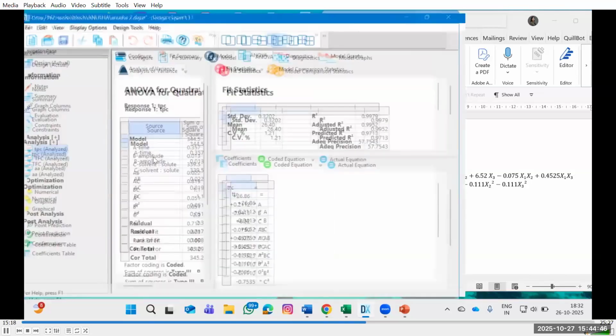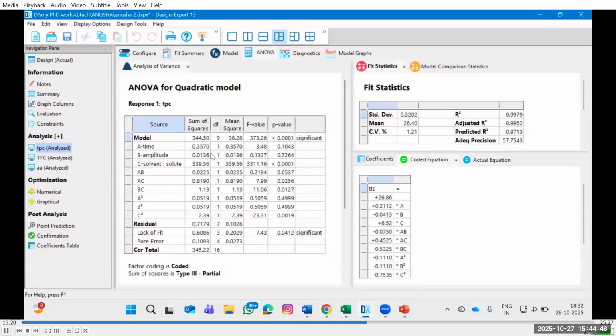Here you can see that A has significantly affected the phenolic compound, and the coefficient is plus 2.1. It means the extraction time positively affected the phenolic compound.